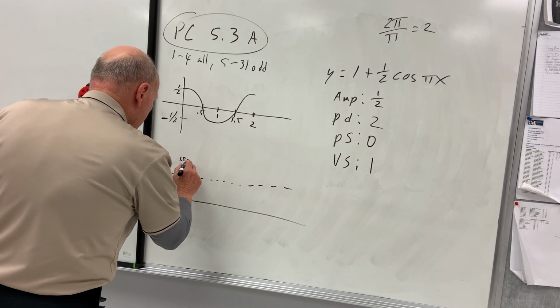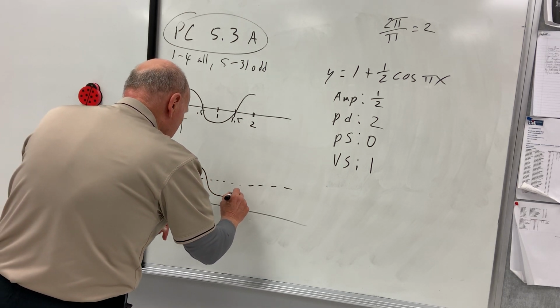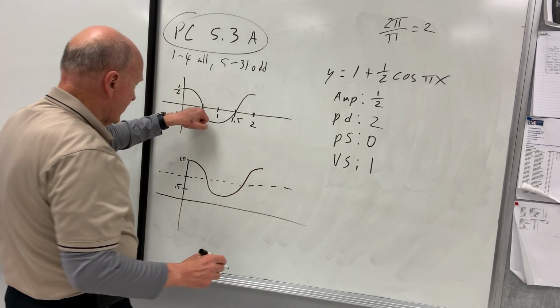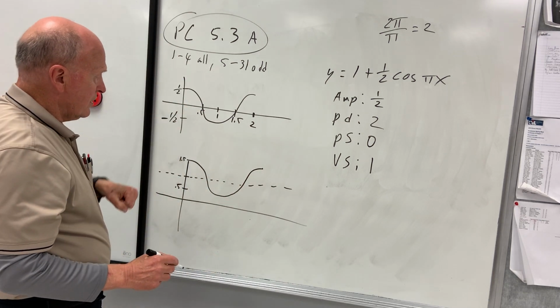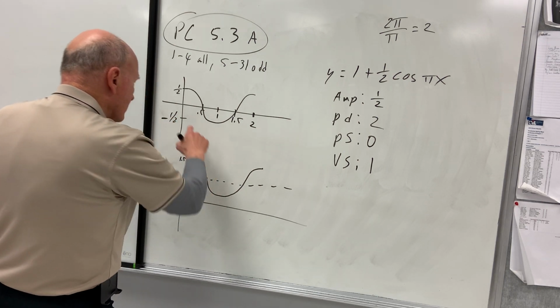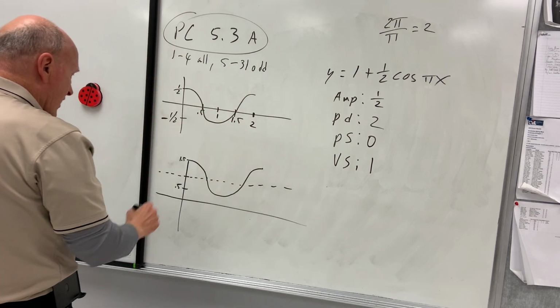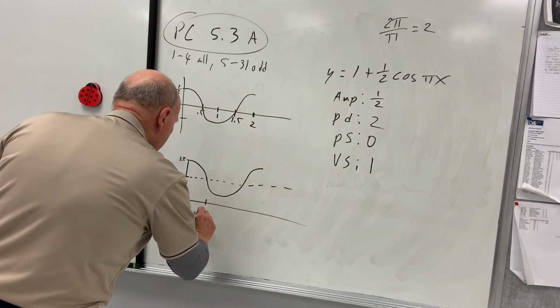So I would have a graph that starts up here, crosses here, goes down, and goes up, when I move it up 1 unit. Where did this occur? Well, that's at 0. Where did it cross the axis that it vibrates around? Well, that's at 0.5, isn't it?